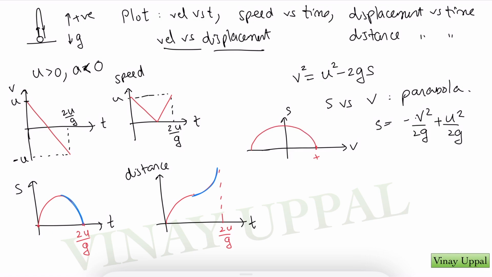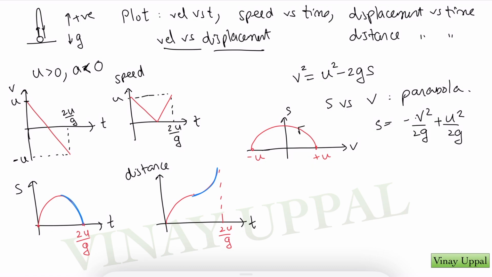It's a parabola. When the displacement is 0, the velocity is positive u as well as negative u, because the displacement will be 0 at the initial position and as well as the final position when the particle is coming down. Now here we can also indicate the direction of time, because I know that the velocity is going from positive u to negative u in the entire journey.